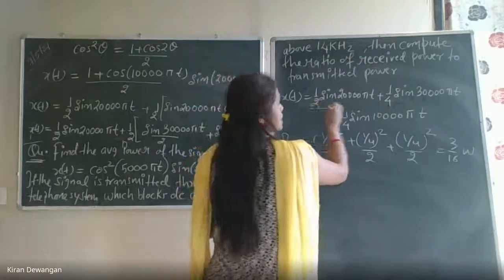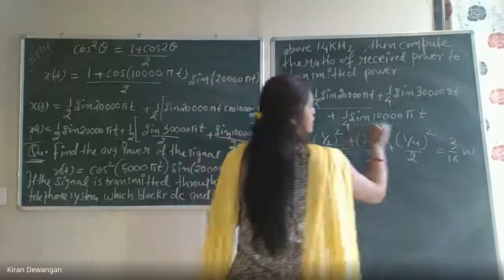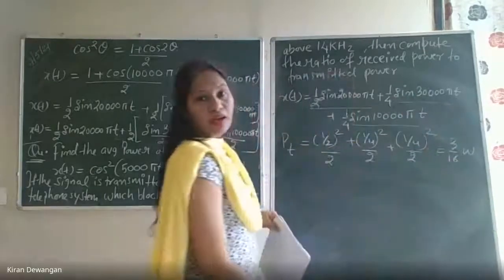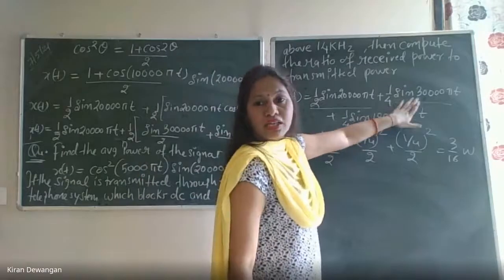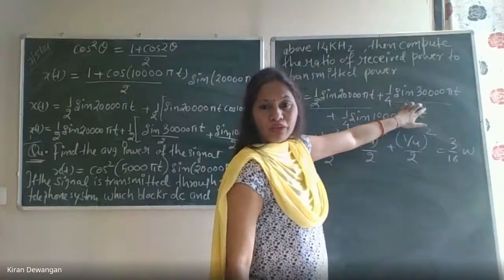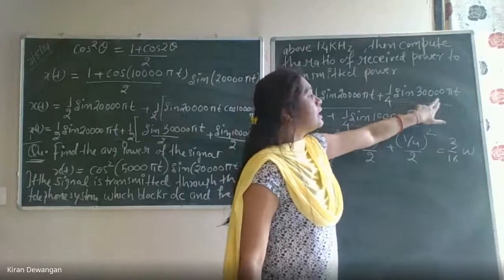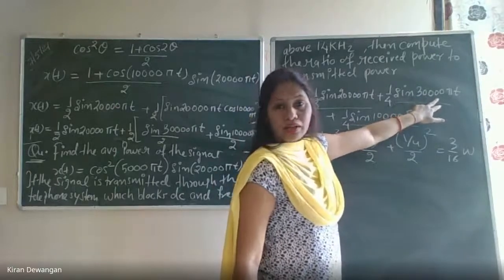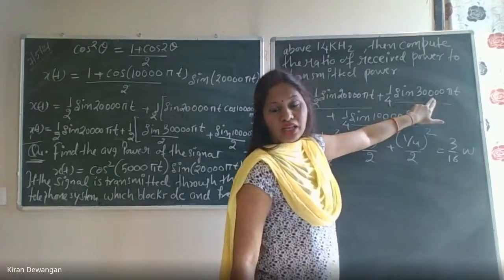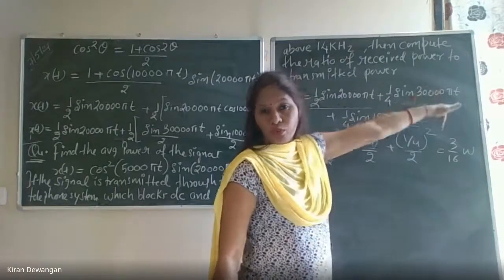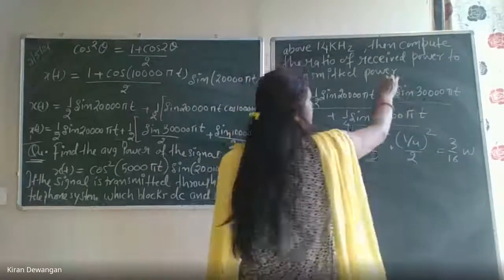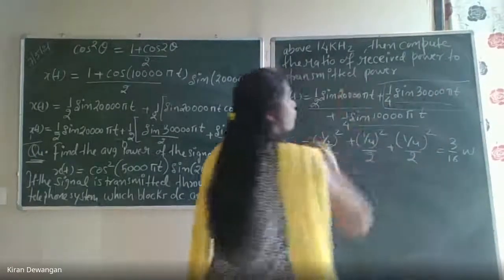Here this term will be passed, even this term will be passed, and only this term will get blocked. Because the frequency is 2 pi f, here it is 30,000 pi given. So what is the frequency here? Frequency is 15,000. That is above 14 kHz. Is this thing clear now? So only this term will get blocked.